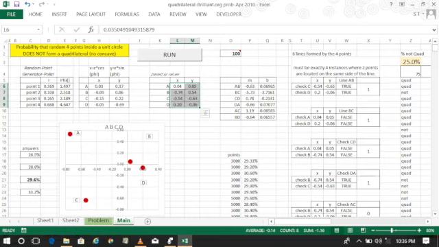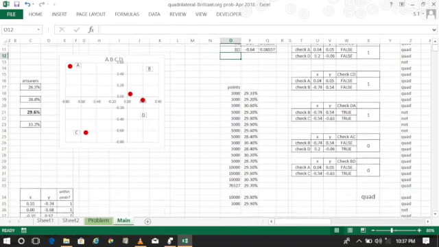In other words, with four points I'm always going to have six lines, and I want to make sure that two points are on the same side of the line in exactly four instances. If there are three instances, then I know I do not have a quadrilateral. If there are exactly four instances where two points are on the same side of the line, then yes, it's a quadrilateral according to our definition.